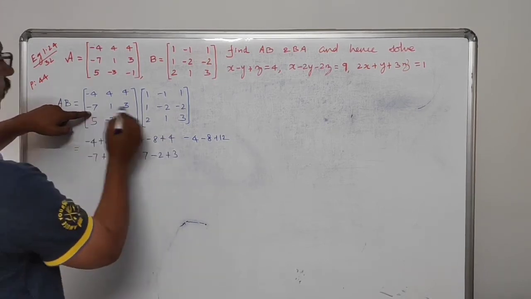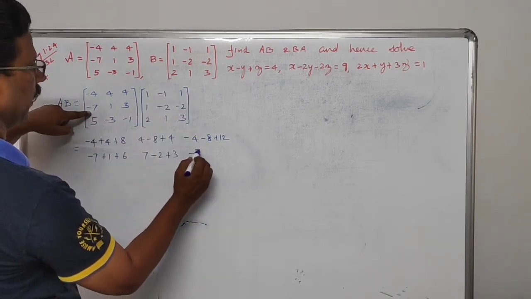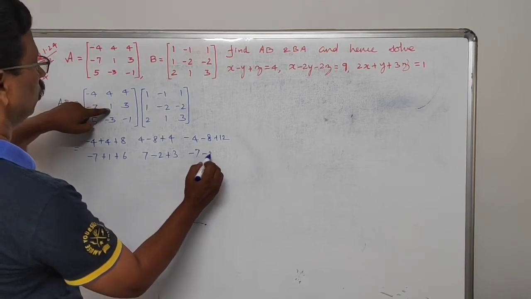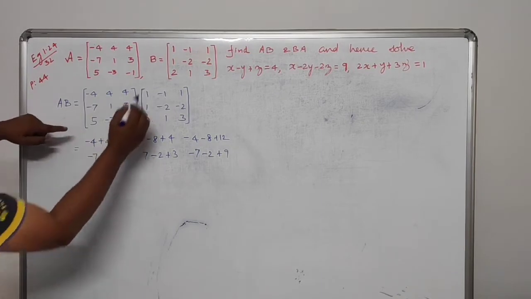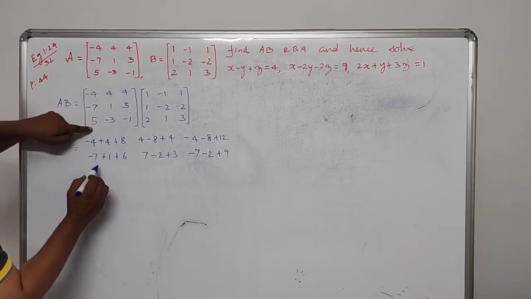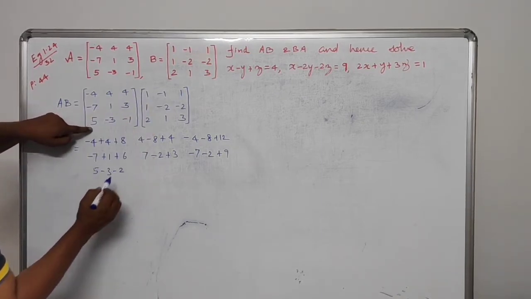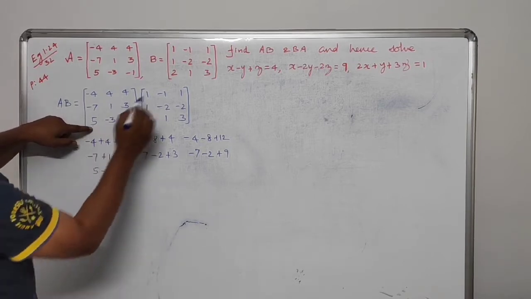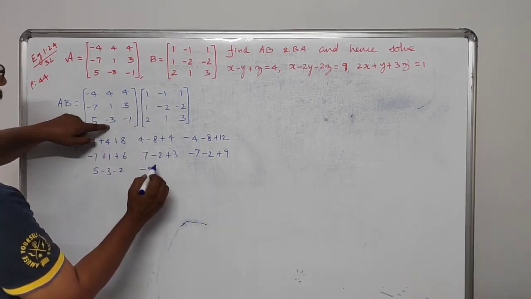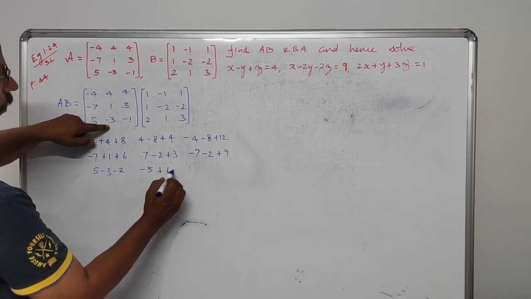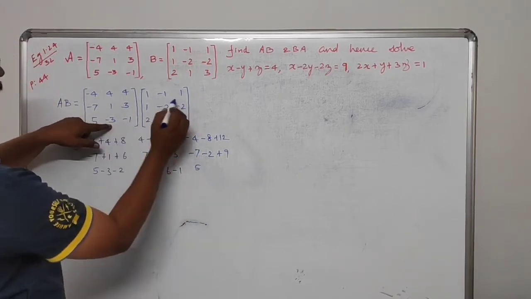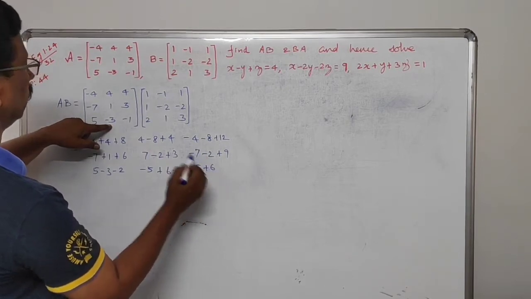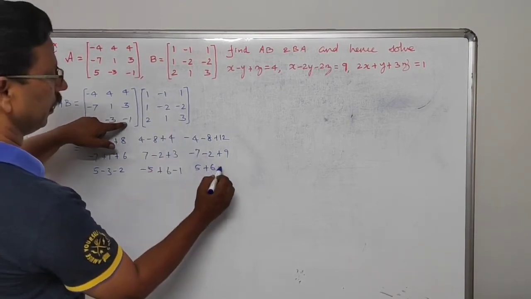The next, second row third column: minus 7, then minus 2, then plus 9. Third row first column: 5, minus 3, minus 2. Then here minus 5, plus 6, minus 1, then 5, plus 6, then minus 3.